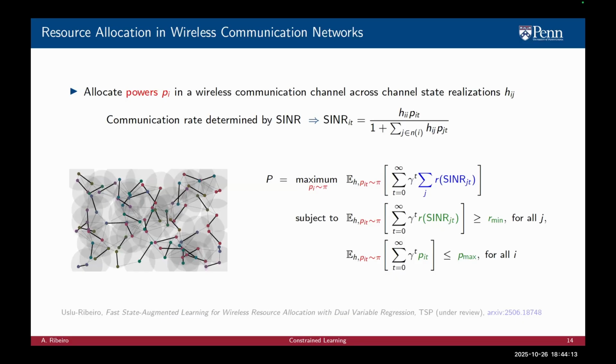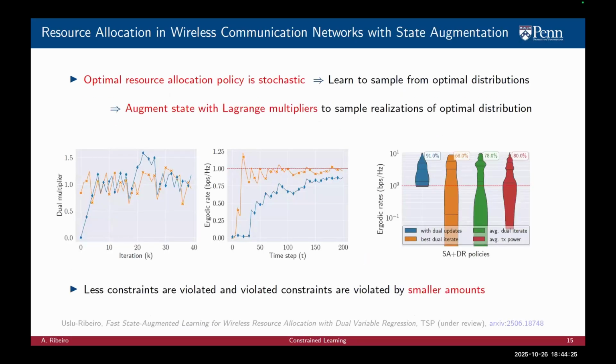And that makes the current practice of AI somewhat mismatched to physical systems. Why? Because current practice of AI is focused on minimizing losses, and here we want to solve this constraint optimization problem.